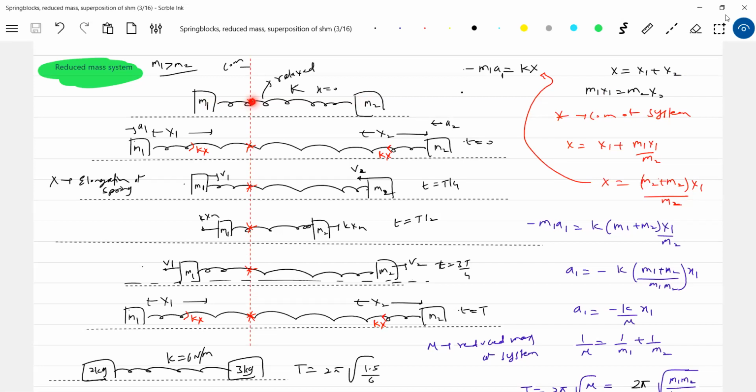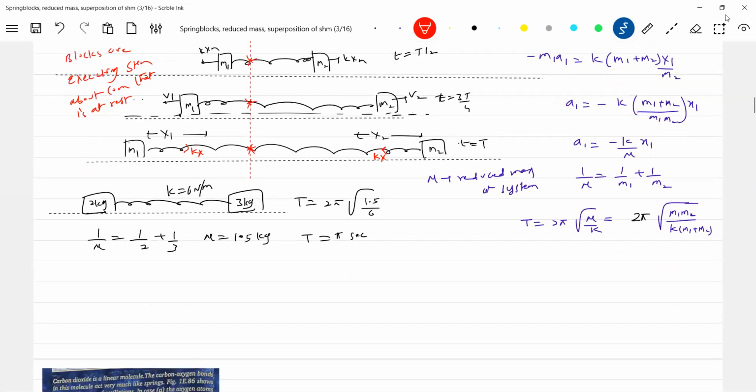What is the state of center of mass? Center of mass at rest, no? So what is the important thing which I should conclude? Blocks are executing SHM about the center of mass that is at rest.